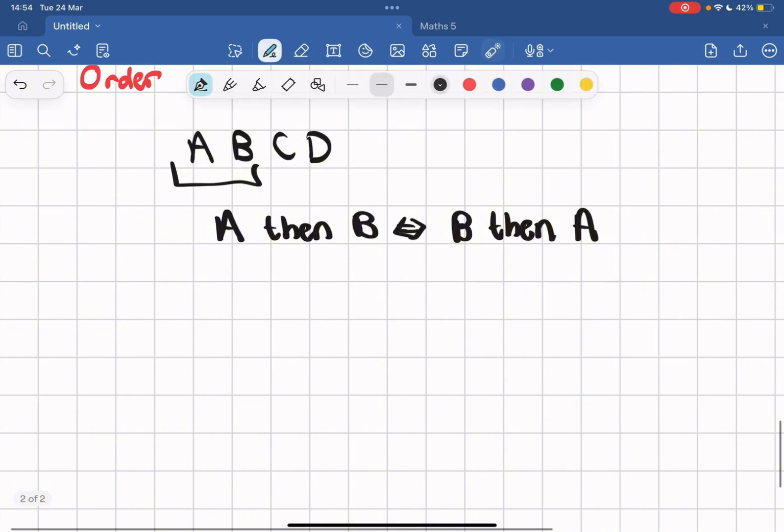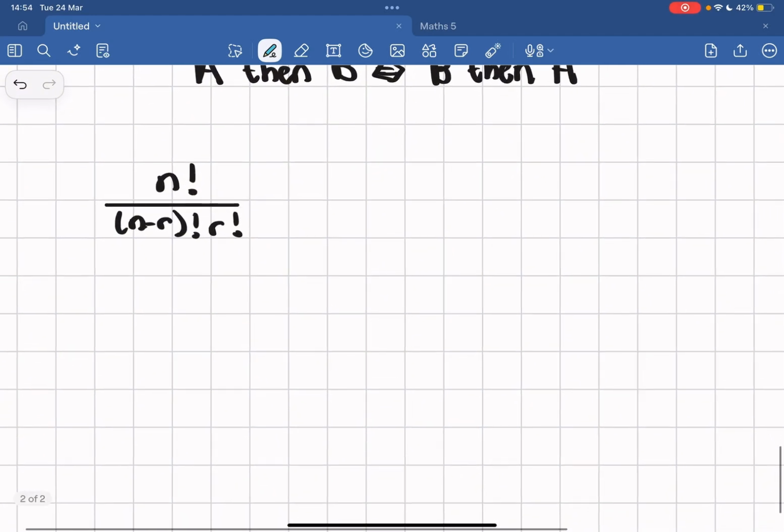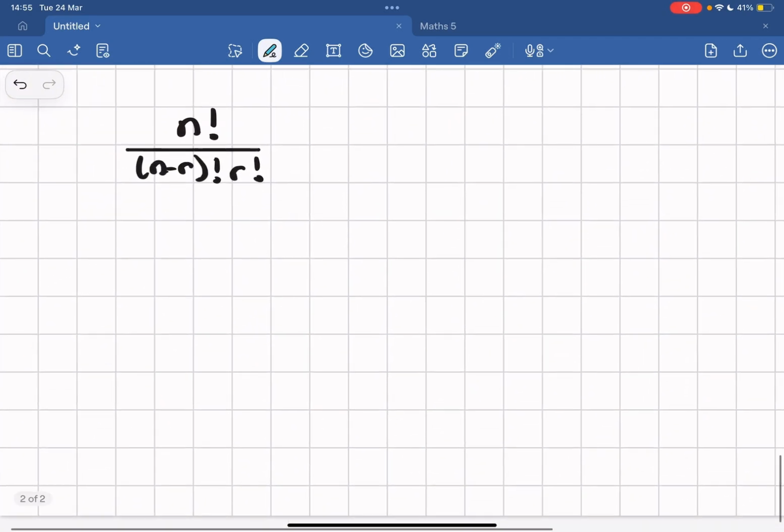The way we get rid of this is we divide by r factorial. So we have n factorial divided by n minus r factorial, further divided by r factorial. And what this gives us is the number of ways to choose r objects from n without caring about the order. And the r factorial, of course, removes the overcounting.